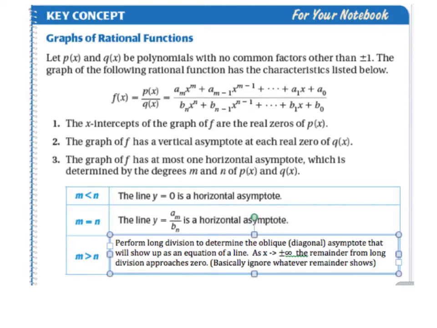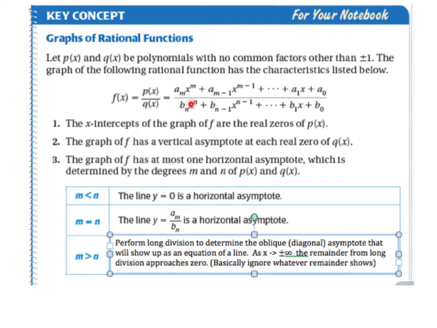Alright, the graph of this function has at most one horizontal asymptote, or what we call an oblique asymptote, which is diagonal. Okay? And it's all based off of the power or degree of our two functions. Okay? So you notice here, we have a degree of m for the top one. M is in mother.